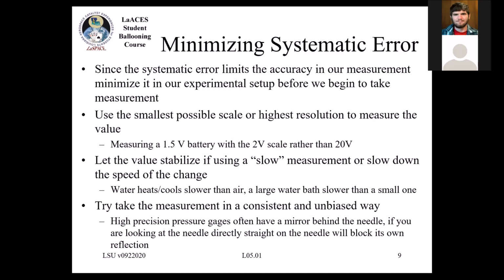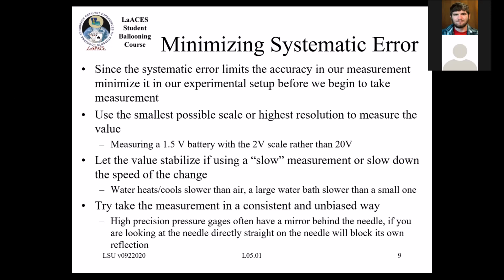So, for example, you want to use the smallest possible scale or the highest possible resolution to measure your value. So if I'm trying to measure the value of a 1.5 volt battery, I'll probably get a more accurate value using the 2 volt scale rather than the 20 volt scale, because the accuracy of a multimeter is usually some function of the full scale value.